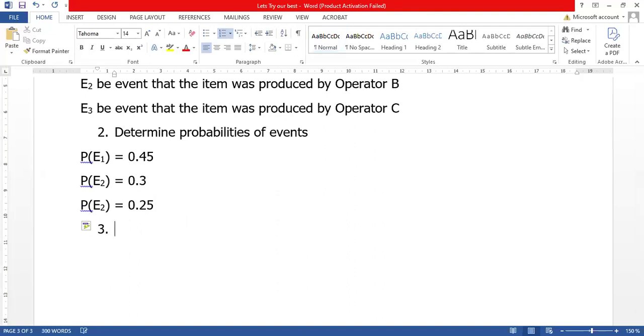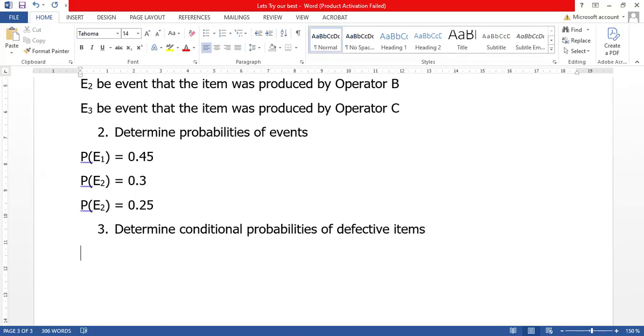Then step number 3: you determine the conditional probabilities. Now the conditional probabilities, we are talking about the defective items.